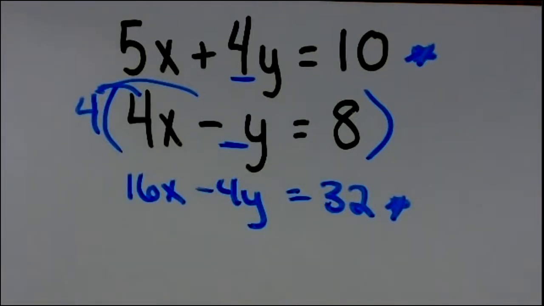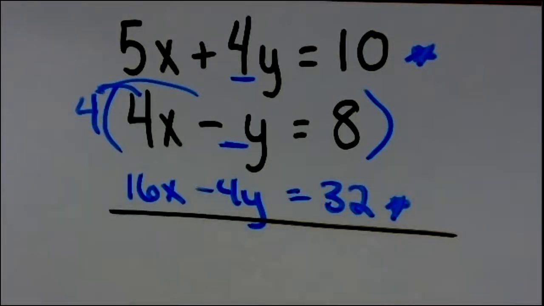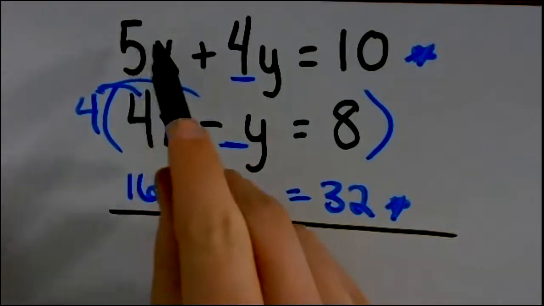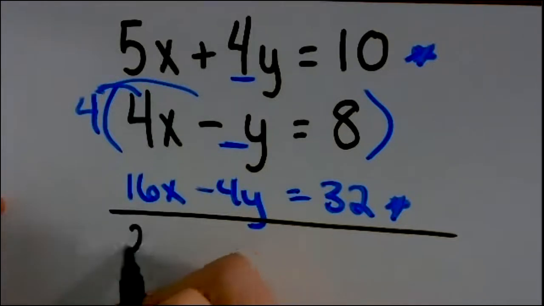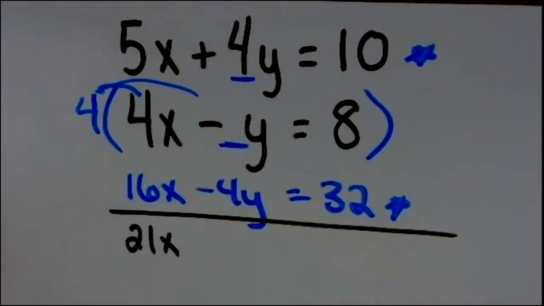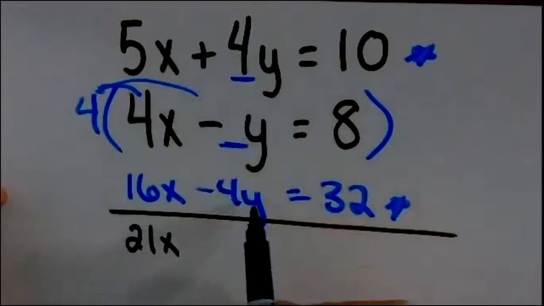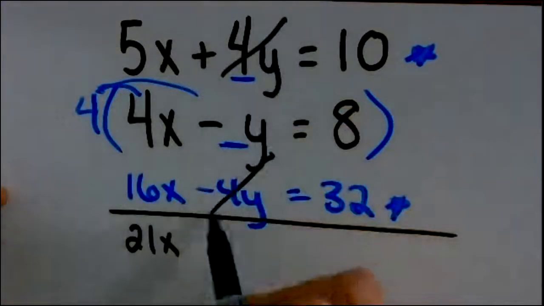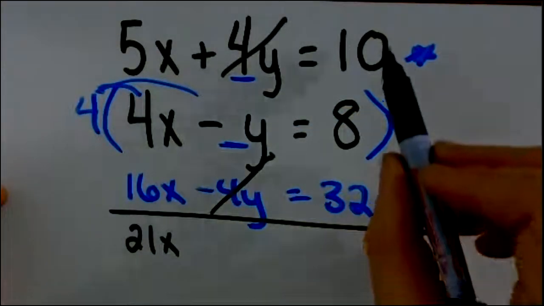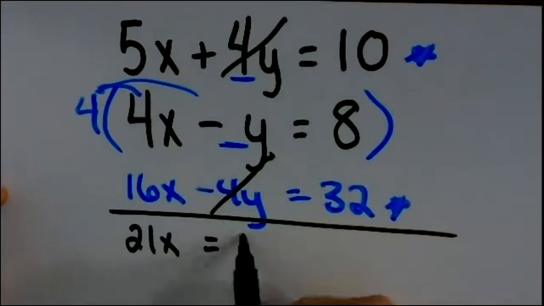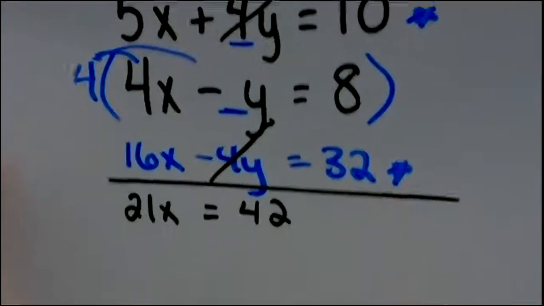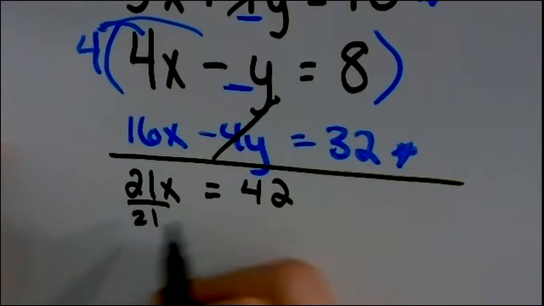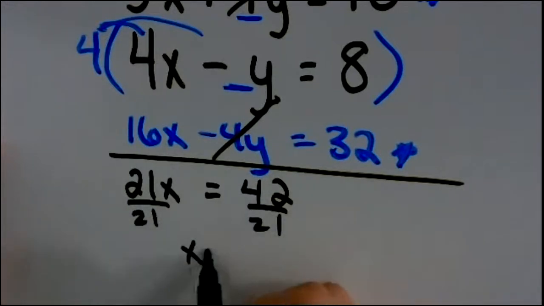So if I look at those, if I add them vertically, I get 5x plus 16x, 21x, 4y minus 4y, they will cross out, and then 10 plus 32 is 42. If I divide the 21 over, I get x equals 2.